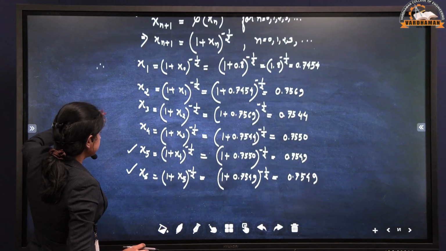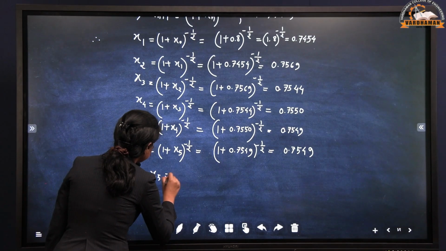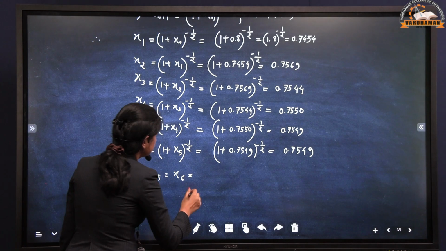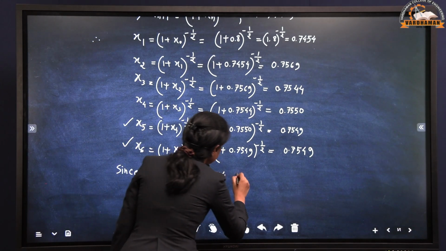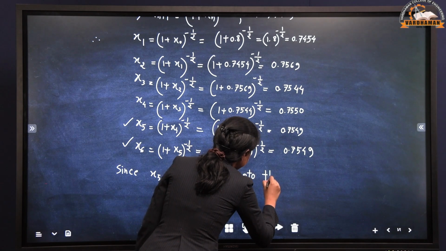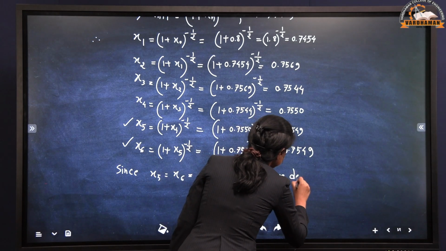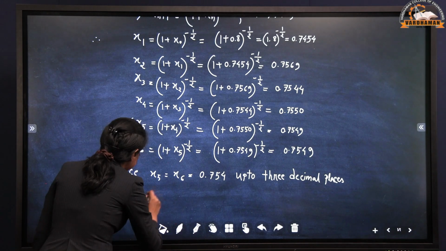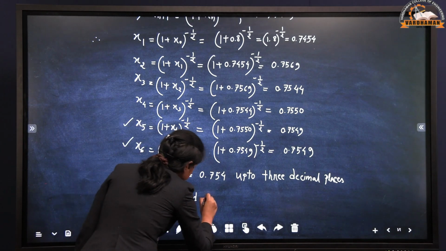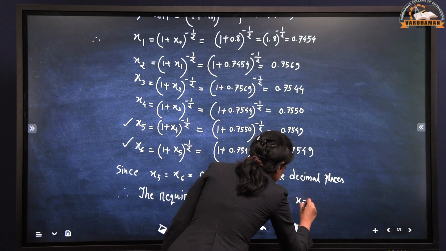So x5 is equal to x6, equal to 0.754 up to 3 decimal places. The required approximate root is x equal to 0.754.